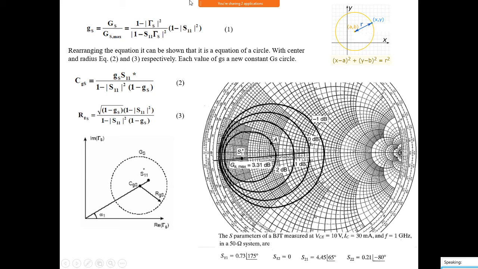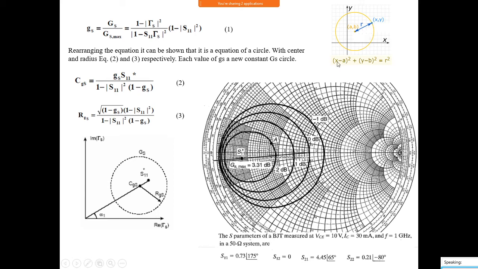So now it is the equation like this. This is the circle equation. For example, a and b are the center of the circle. For example, here is the center. And R is the radius of the circle.